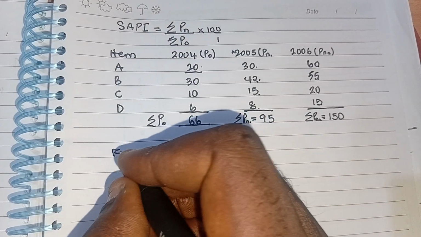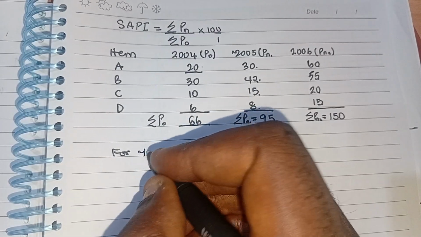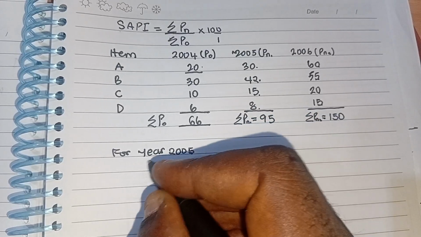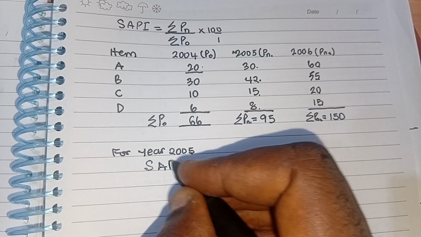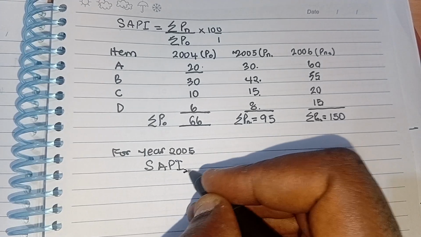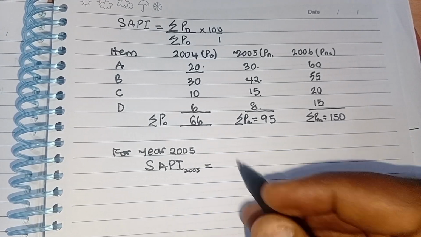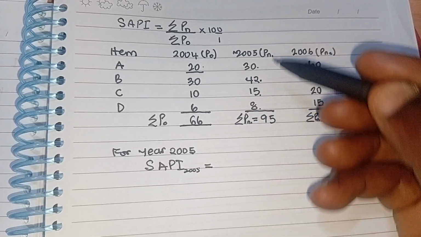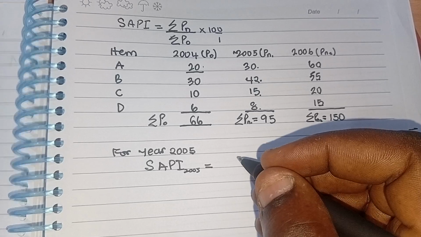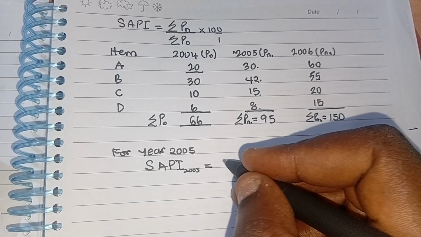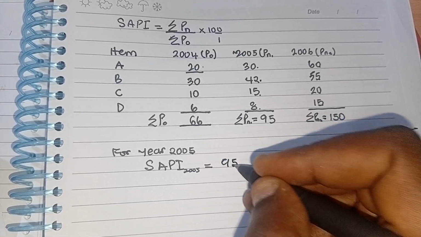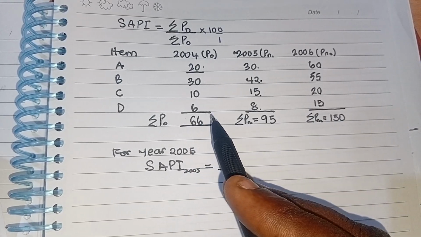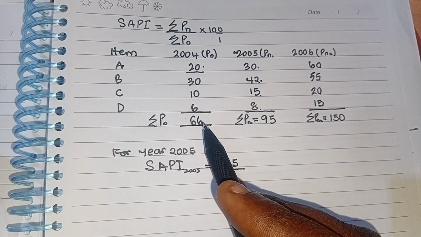So for the year 2005, our SAPI for 2005 is nothing but the aggregate of 2005, which is 95, divided by the aggregate of 2004, which is the base year.